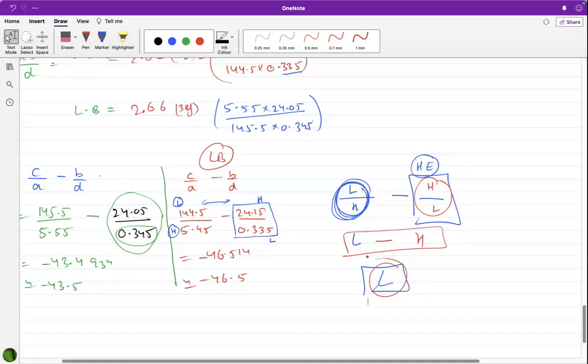I know, and you said lower and higher, so 5.45 is the higher one for A, right? Isn't it 5.55? That's a mistake, this is 5.65. Let me check.